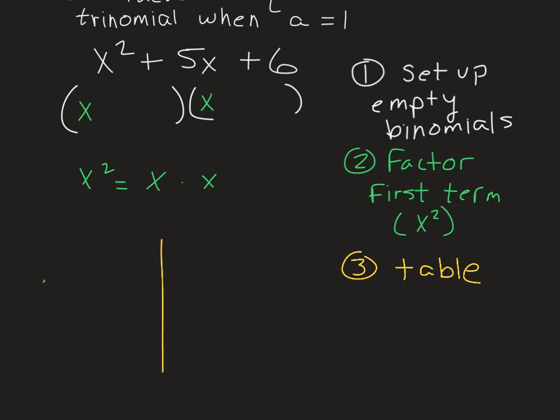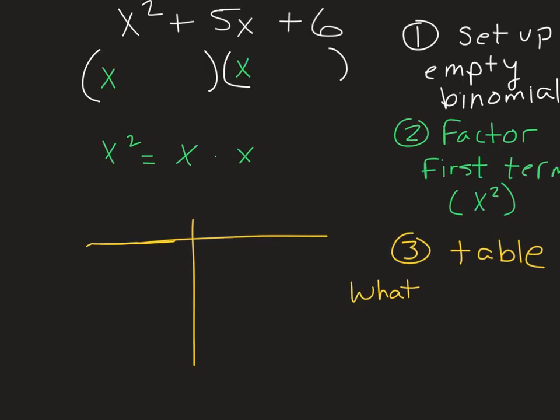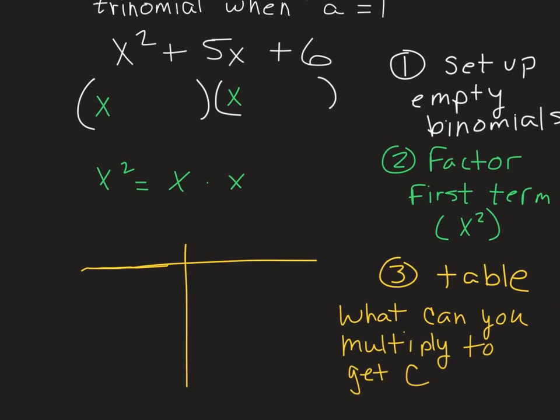Then for the next step, you're going to make yourself a table. And you need to ask yourself two questions. The first question is, what can you multiply to get C? If you don't know what I'm talking about, please go back to the previous videos. C in this case is 6.